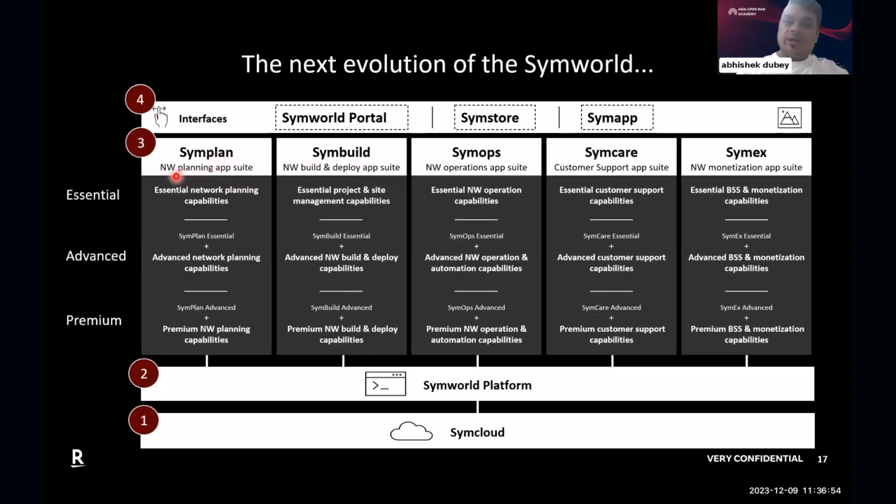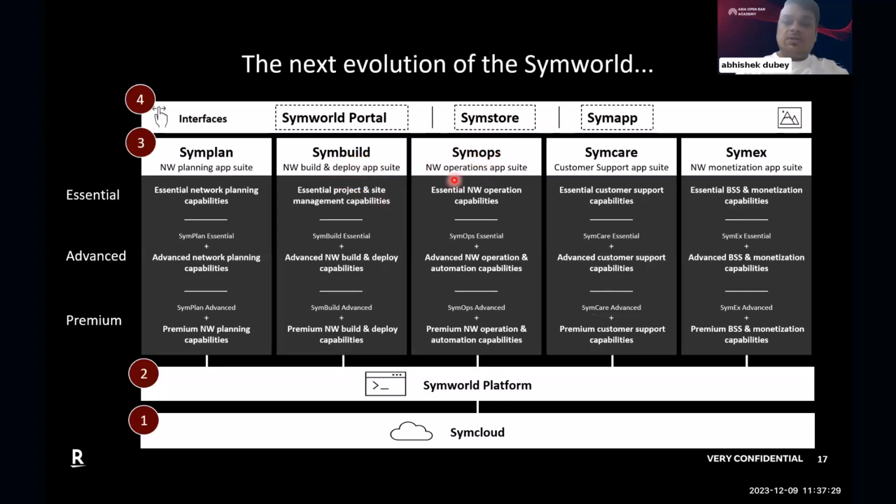For network planning, we have SimPlan. For building the network, we have SimBuild. This is for essential project and site management capability. If you want to do any AT on the site, or dispatch the material, or the deployment, it assists the engineer to do their work, and everything is automated. Each and everything is connected to each other. So this is what we can get from SimBuild.